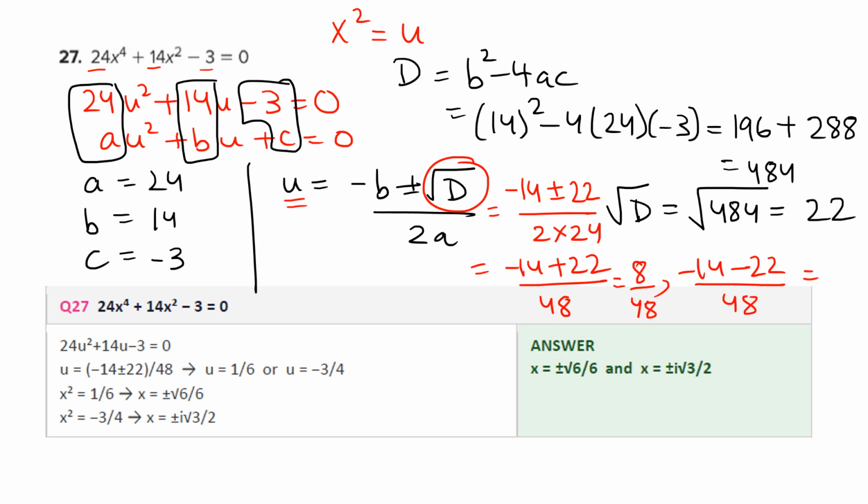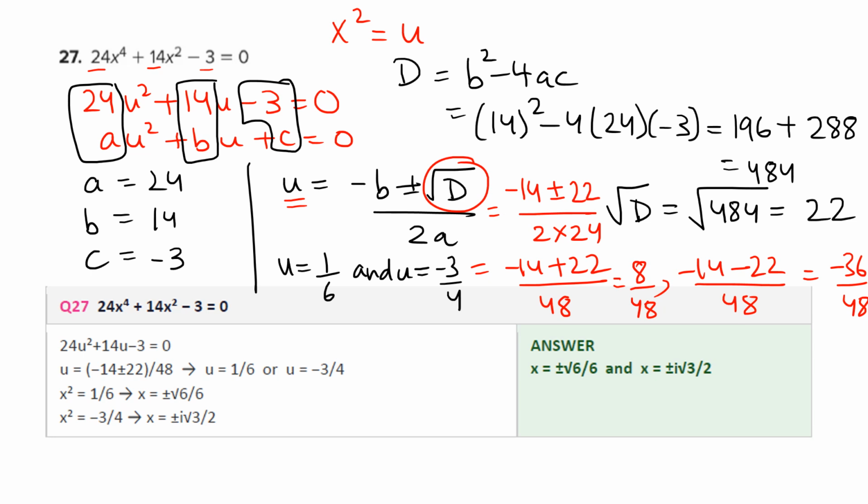This one, with the negative sign, it will become 22 plus 14, that's going to be 36. So minus 36 over 48. Simplify, cancel the common factor. So your value of u finally will be 1 by 6 and the value of u will be minus 3 by 4.